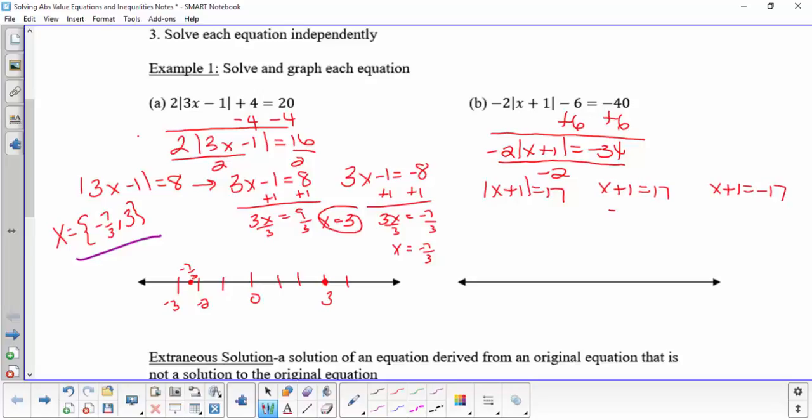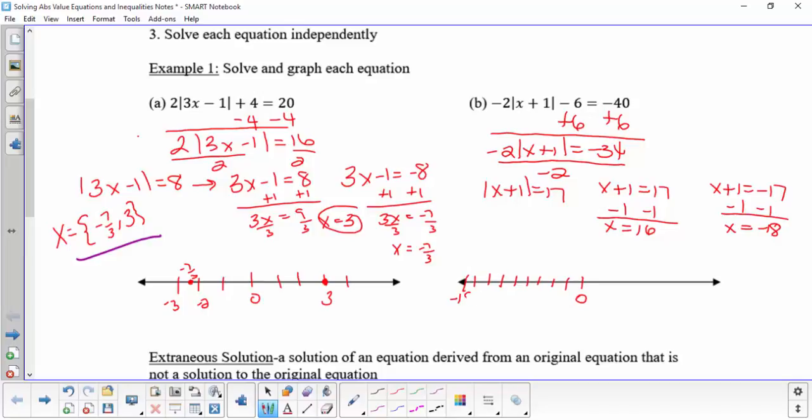To finish solving, I subtract 1 from each equation, so the first answer would be x equals 16. Subtracting 1 over here, my second answer is x equals negative 18. And now I graph them on the number line. I'm going to use a scale of 2. So there's 0, 2, 4, 6, 8, 10, 12, 14, 16, 18.